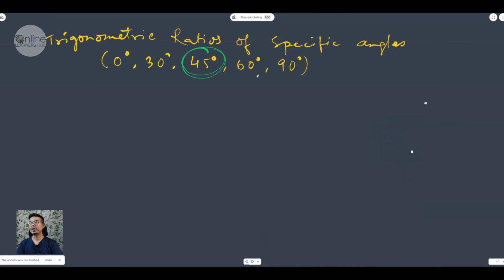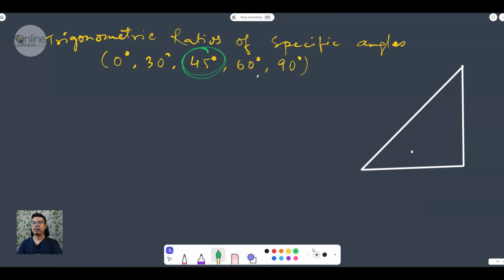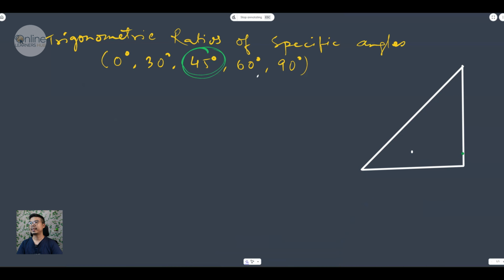Now we are going to use that logic here. As I told you, my figure may not be perfect, but you have to understand it. This is 90 degree. Now if this angle becomes 45 degree, what will be this angle? This will be 45, because the sum of all the angles should be 180 degree. Now if these two angles are equal, what about these two sides? Are they equal? Yes. They become an isosceles triangle. So whatever the value here, that value will be here as well.